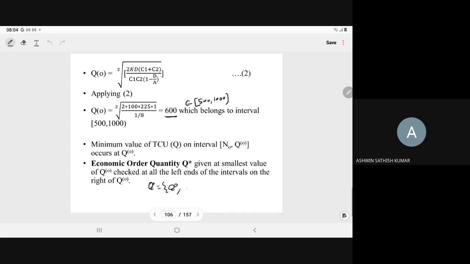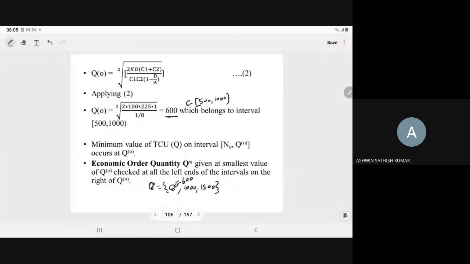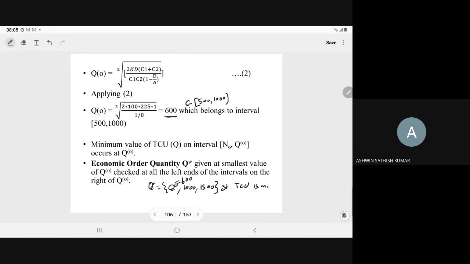Here Q star can be either Q naught, or 1000, or 1500, where Q naught we have computed as 600. Now we compute the one such that total cost is minimum.